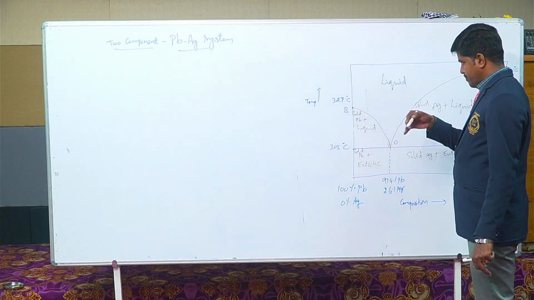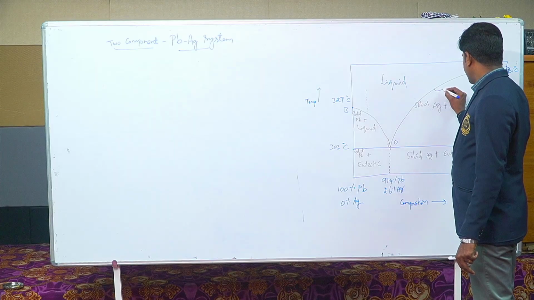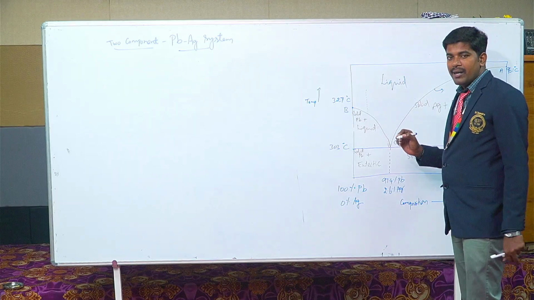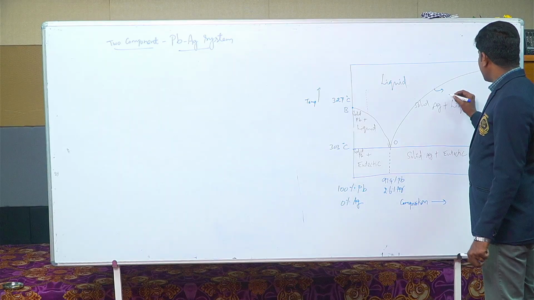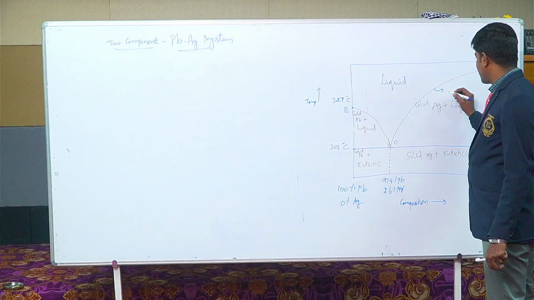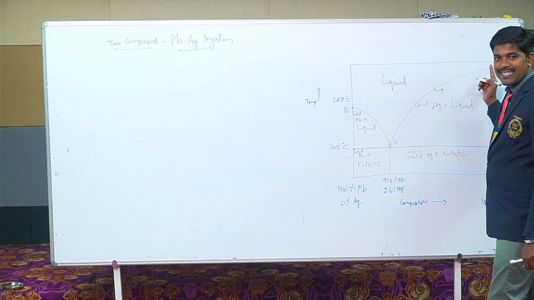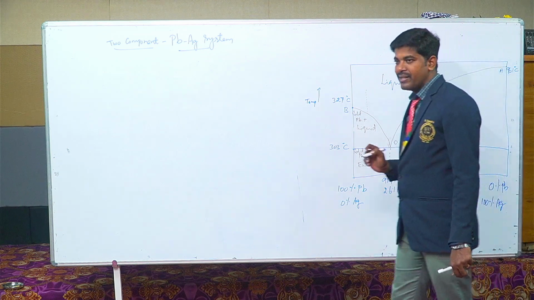So this curve is called the freezing point curve of silver, because at this stage silver is converted into liquid melt.